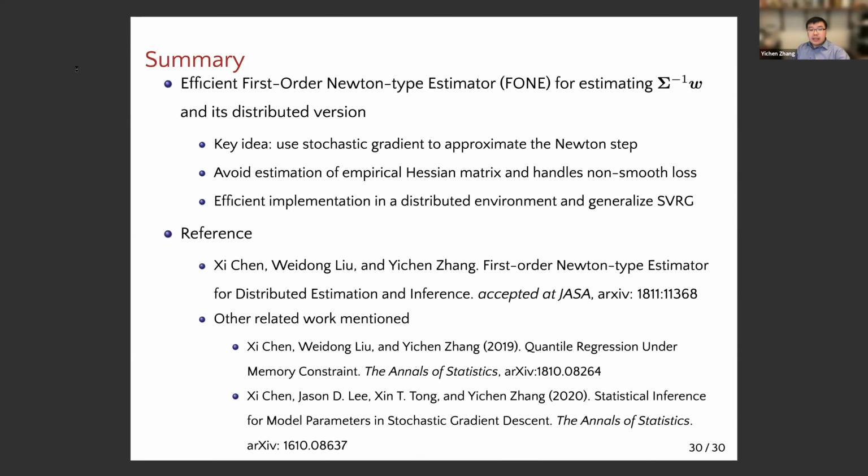This paper was just recently accepted at JASA, and you can see that in arXiv. Some other results I mentioned are in two of my other publications. Thank you very much, and this is all for my talk today.